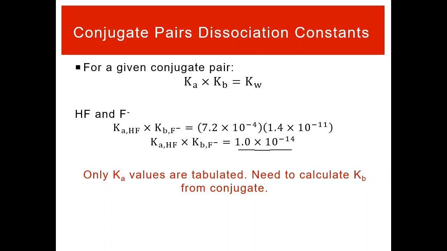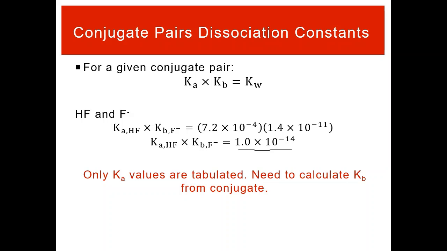And so as a result of this relationship, we don't need to have tables of both Ka and Kb. We've seen the tables of Ka previously. Those are what are always going to be available. They're just tables of weak acids with all of their Ka constants that we have from experiment. We can take those and compute Kb. You can find tables of Kbs, they do exist, but it's much more uncommon.